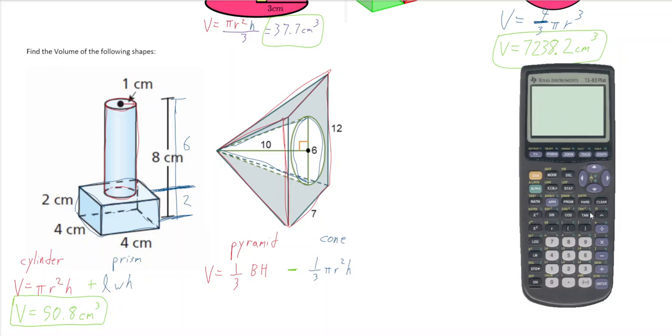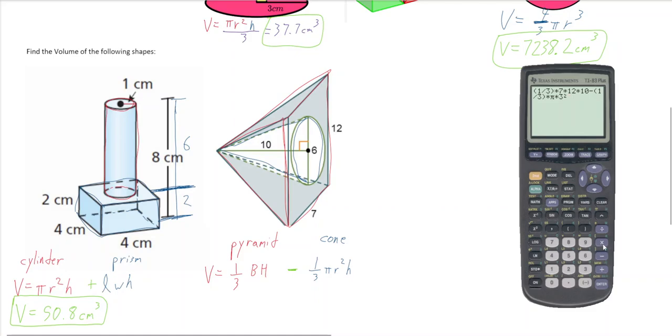So it would be 1/3 times the base, which is 7 times 12, times the height, which is 10, minus, and then 1/3 times pi times r, which is 3, because 6 is the diameter, not the radius.